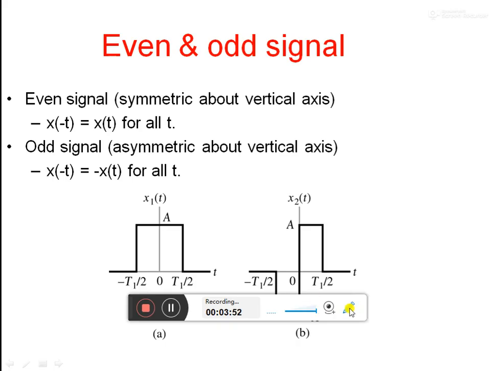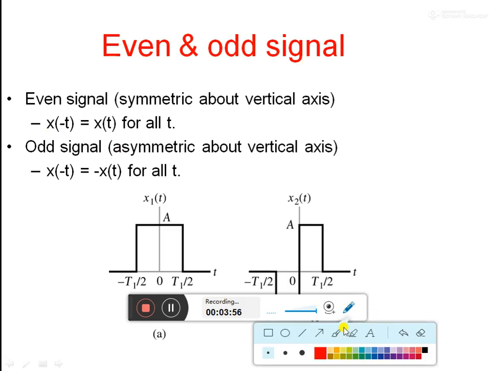So it is represented like this. Here you can see x of t is equal to x of minus t.